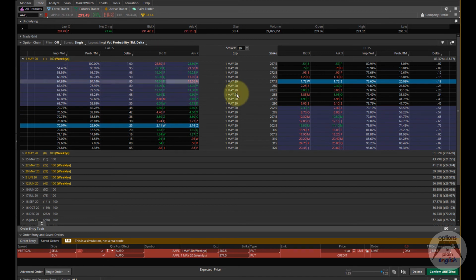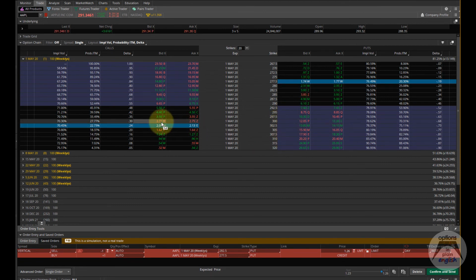So in this case, I'm going to add, now that I have the 280 as my break-even point, right? So now 291 and a half, plus the 11.40 is going to be 302 and a half, roughly. So I'm going to be selling the 300 and buying the 305. So I'm mirroring what I had here on the put side.